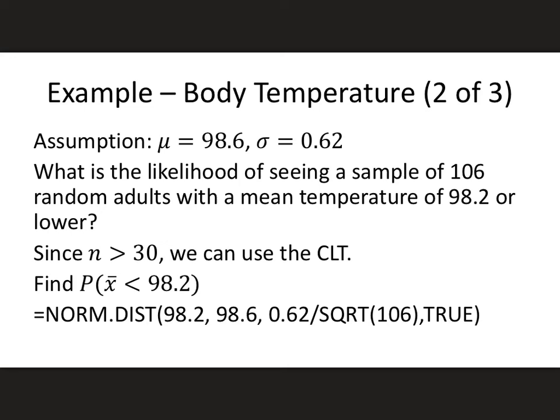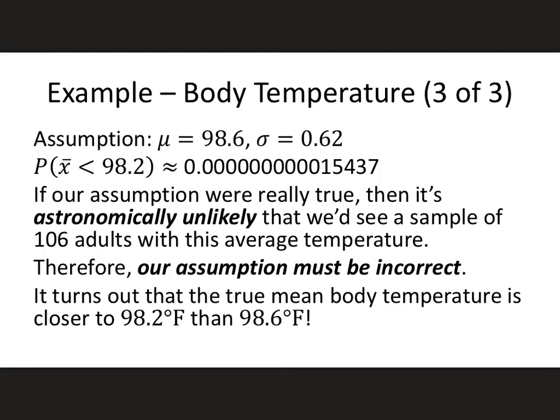We'll use equals norm.dist, 98.2, comma, 98.6, comma, now this is where that central limit theorem is really coming into play, 0.62 divided by the square root of 106, comma, true. And when you put that into Excel, you should get approximately 0.00000000000015437.